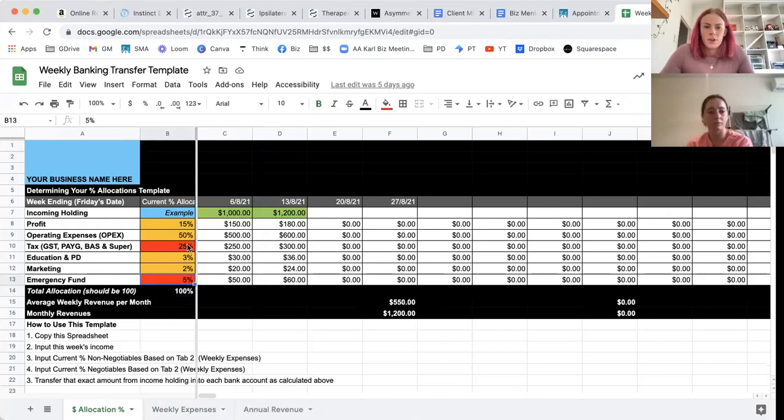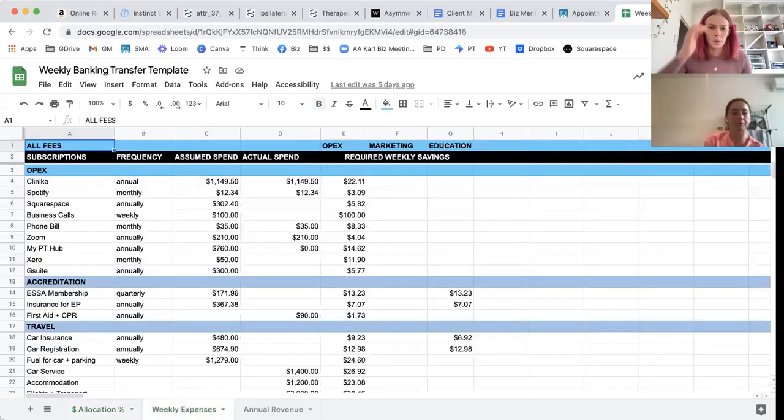Emergency fund has to be 5. Tax is generally 25. If you're a sole trader, then everything that comes in, you have to figure out which tax bracket you're in. So your percentage might, if you're in the lowest income earning, I think it's like 18%, but it gets up to like 32 or 37 if you're earning heaps. But as a company, it's 25. So that's what we've got.